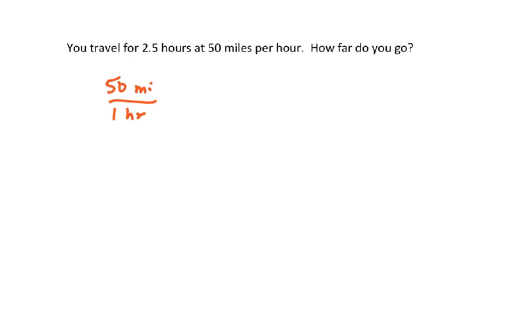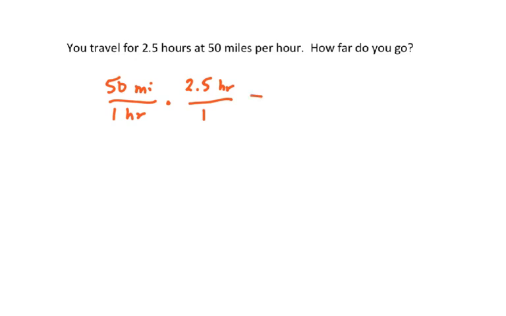And the cool thing is that units actually cancel out in a fraction the way numbers would. So we know we traveled for 2.5 hours. So this is a case where we would multiply by 2.5 hours. 50 times 2.5 is... Yep, it's 125.